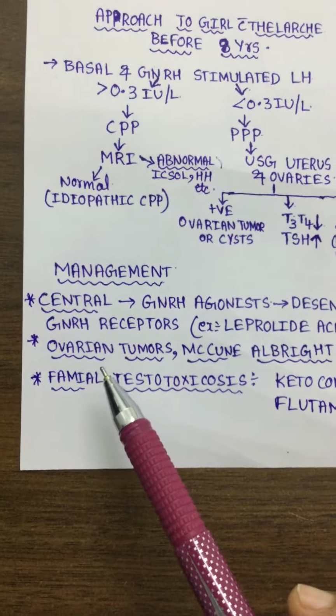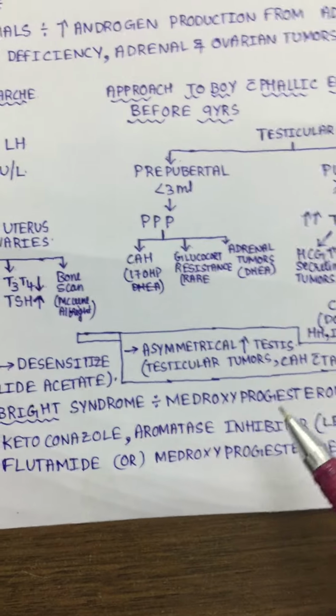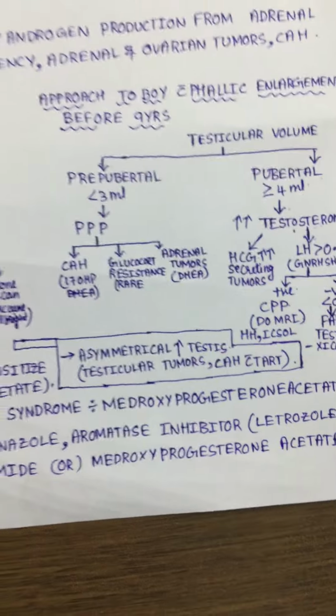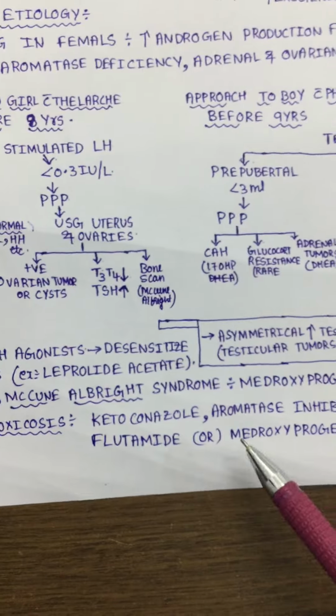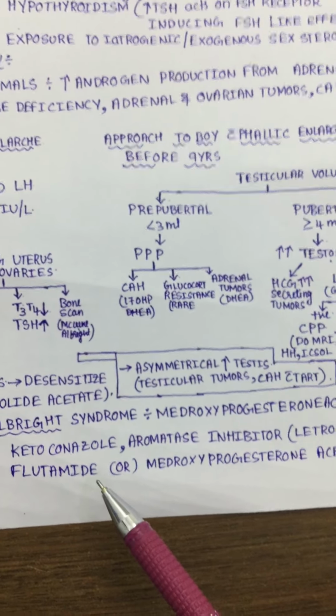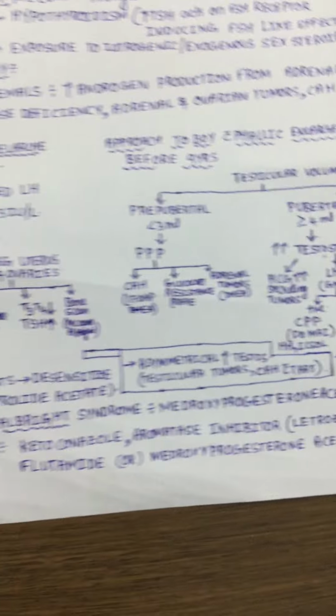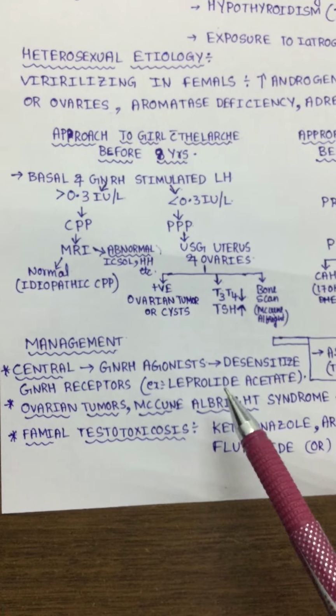Next, for ovarian tumors, McCune-Albright syndrome, medroxyprogesterone acetate can be given. For familial testotoxicosis, ketoconazole, aromatase inhibitors like letrozole, flutamide or medroxyprogesterone acetate can be given. So for central precocious puberty, GnRH agonists like leuprolide acetate.